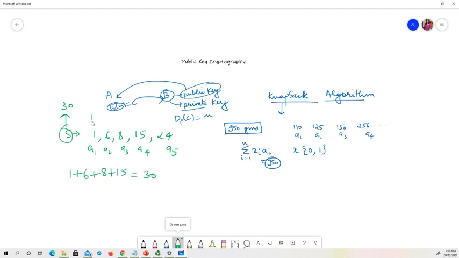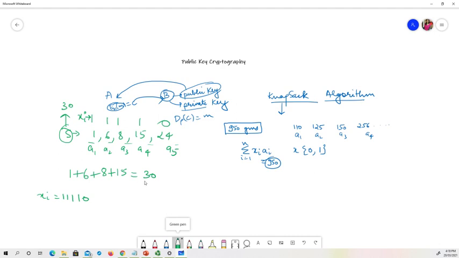So the xi values, with these being the ai's, would be 1, 1, 1, 1 and 0.